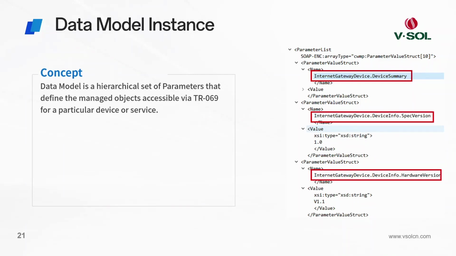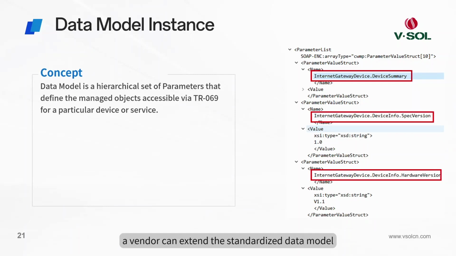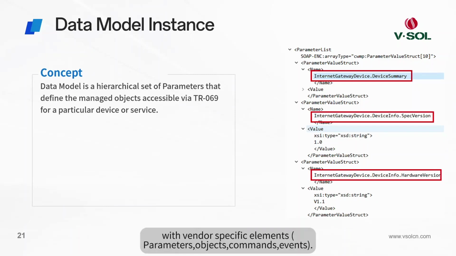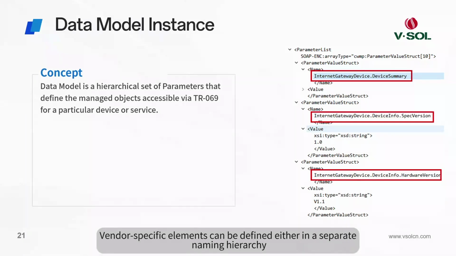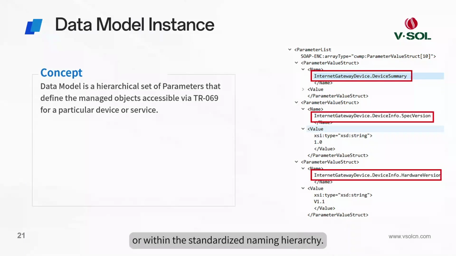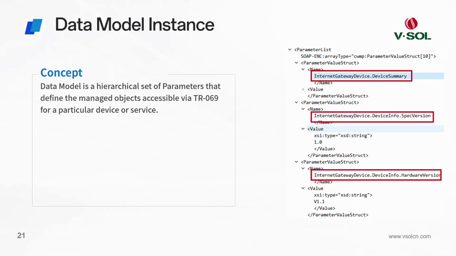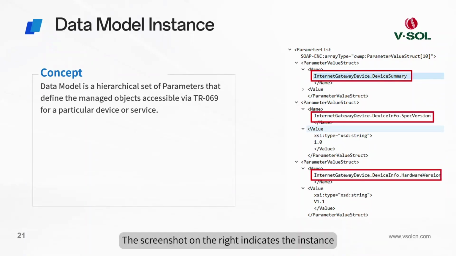By the way, a vendor can extend the standardized data model with vendor-specific elements, parameters, objects, commands, events. Vendor-specific elements can be defined either in a separate naming hierarchy or within the standardized naming hierarchy. The screenshot on the right indicates the instance object name in the Internet Gateway device data model.